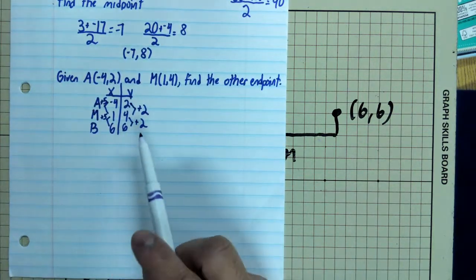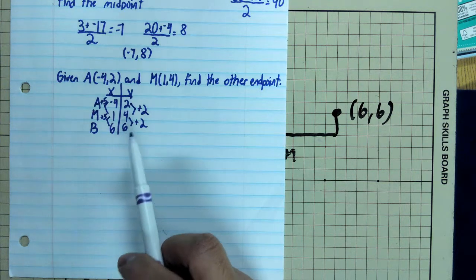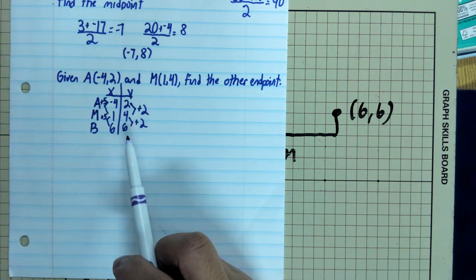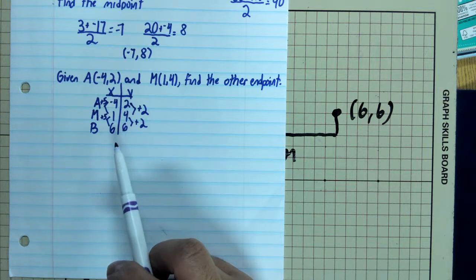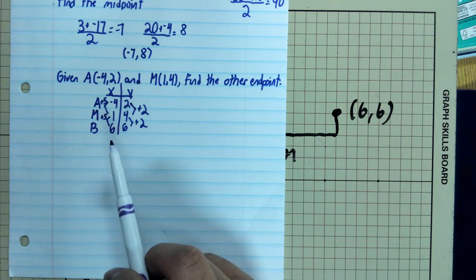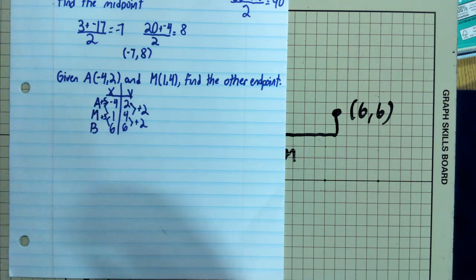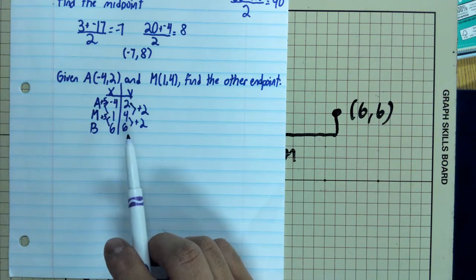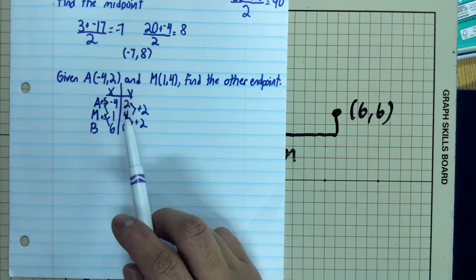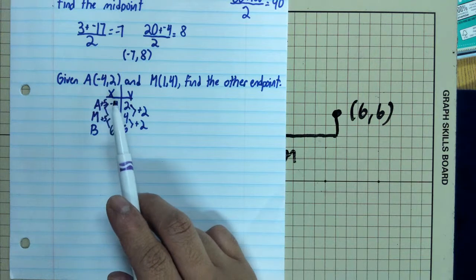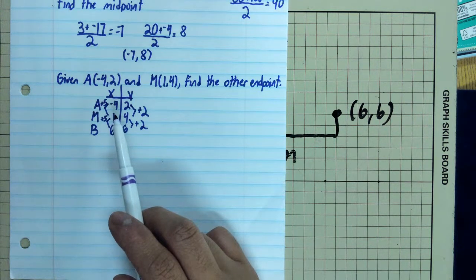So this table method should look familiar. In Algebra 1, you talked about delta x, delta y, change in x, change in y. You use this table mostly when you're finding slope. So we need to figure out, going from 2 to 4, how much did we add? From negative 4 to 1, how much did we add?